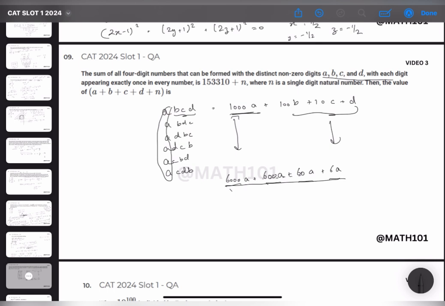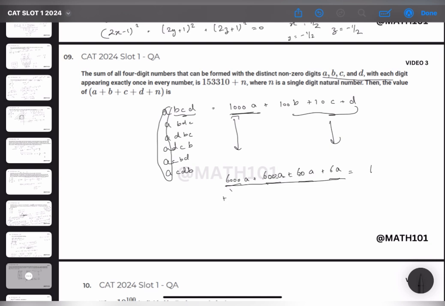Now by symmetry, we can say we'll also find the same thing for B, C, and D. There would be 6 numbers which will have B at the tens place, at hundreds place, thousands place, and ones place. Similarly for C and similarly for D.